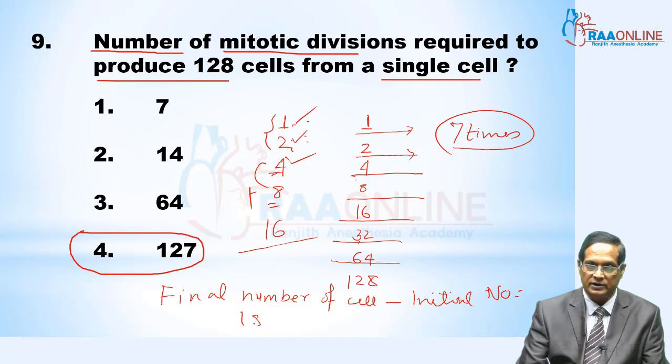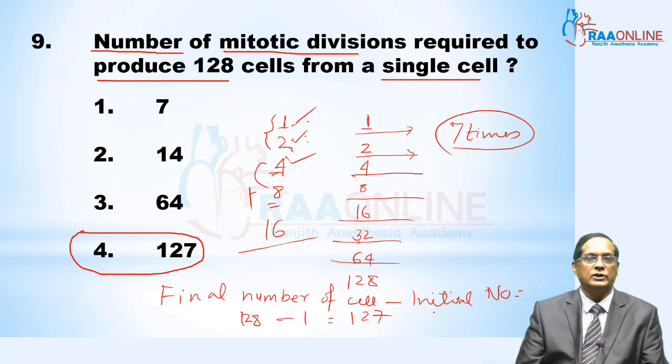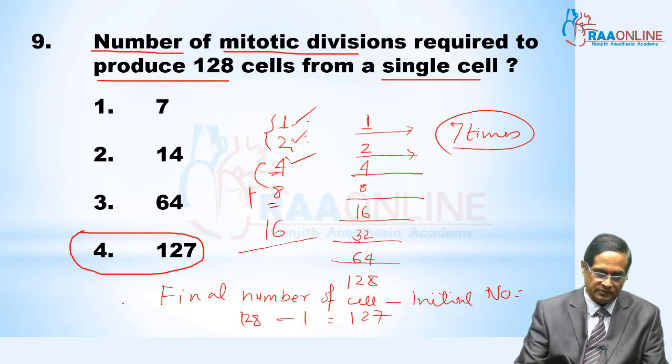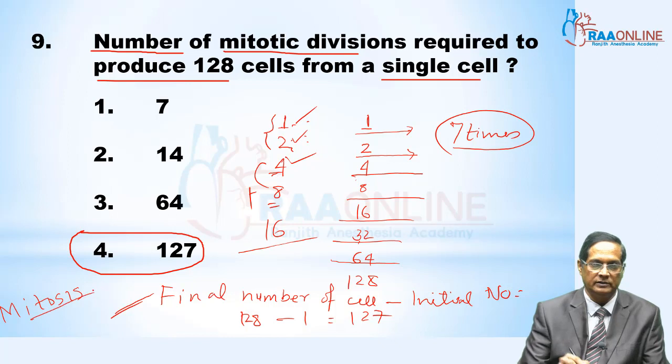Final number is 128, initial number is 1. The answer is direct, that is 127. This is another short trick, but it is applicable for mitosis only. This formula is applied only in case of mitosis.